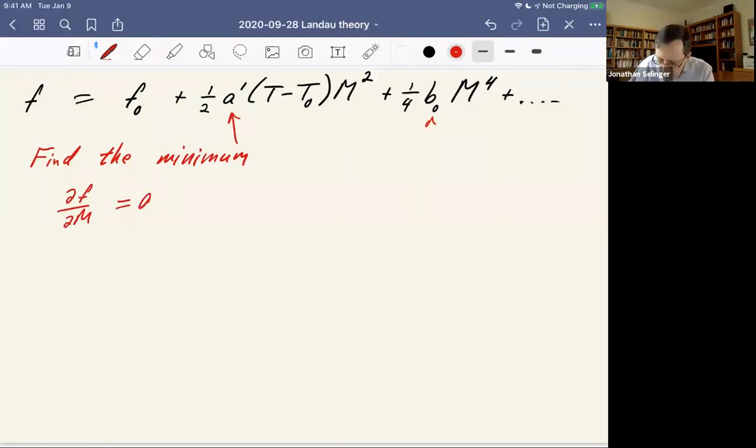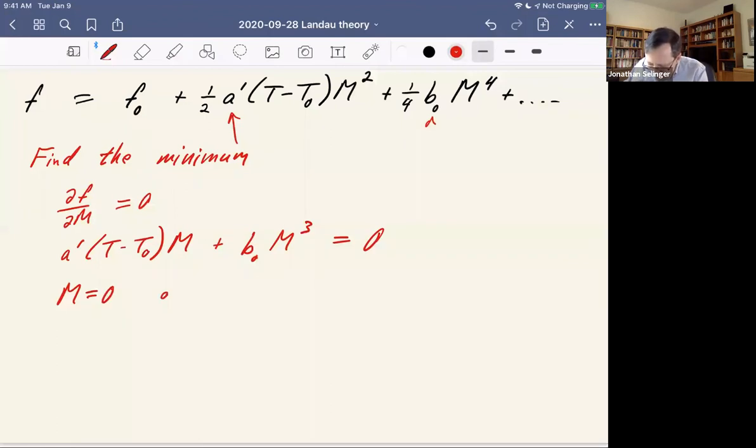So that means if we just calculate the derivative, A prime (T minus T0) M plus B0 M cubed equals 0. So M equals 0, or A prime (T minus T0) plus B0 M squared equals 0.